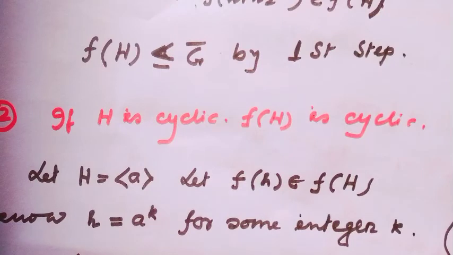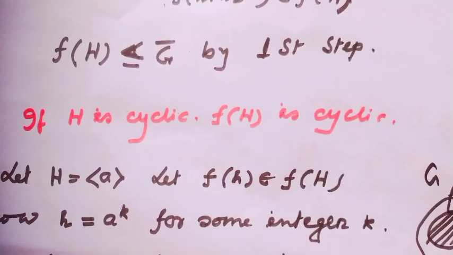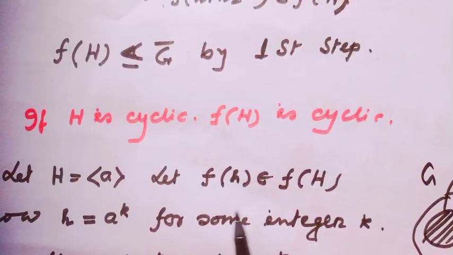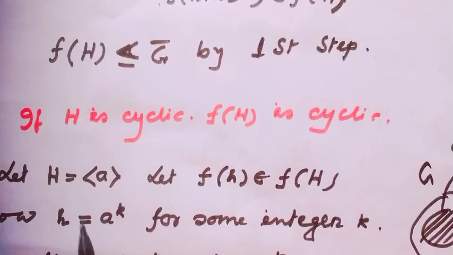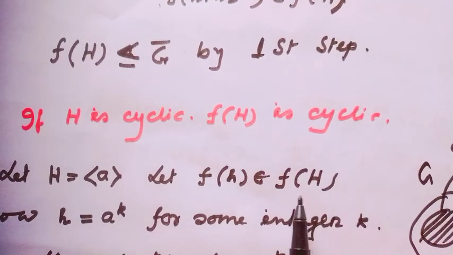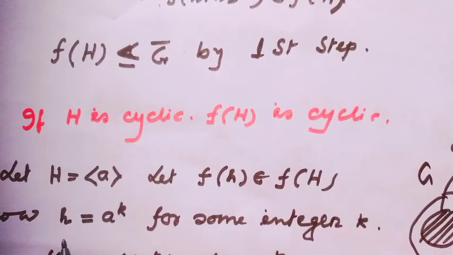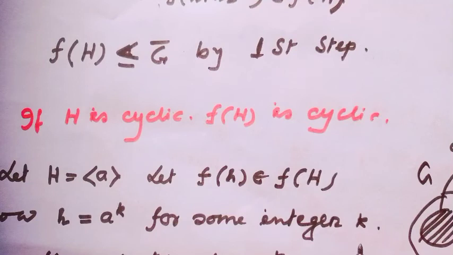Since H is cyclic, let a be the generator of capital H and let f of h be a member of f of capital H. Since H is a cyclic group, small h is always a to the power k for some integer k.